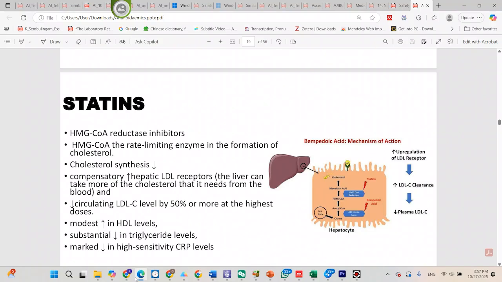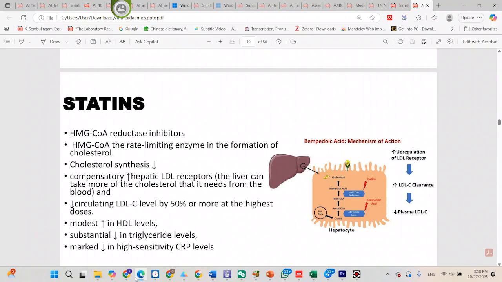Okay, then there is also a compensatory increase in hepatic LDL receptors. And I told you that when LDL receptors increase, they take up LDL-C from the blood and metabolize it. Please note, statins do not increase LDL-C. They increase hepatic LDL receptors, and these LDL receptors can mop up LDL cholesterol from the blood and metabolize it.